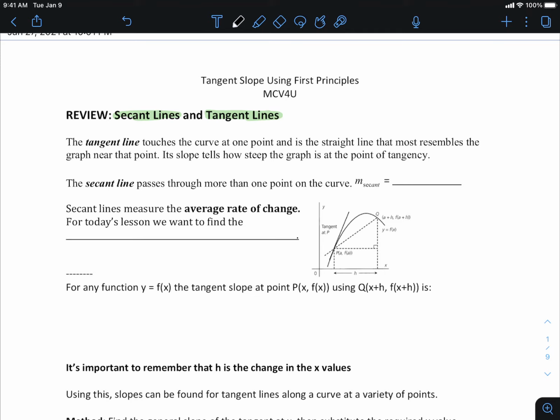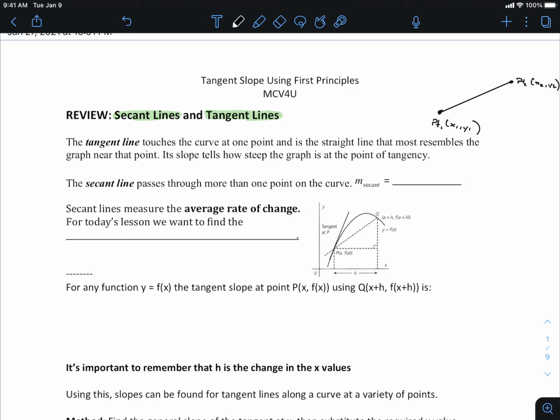And so we know a secant line is just like a typical line that you would have seen in grade 9, where we'd have point 1, where there's an x1 and a y1, right? And then we'd have a point up here, point 2, where we had an x2 and a y2, right? And we could find the slope of that secant line, or the line, as you guys would have seen in the past. So this is a secant.